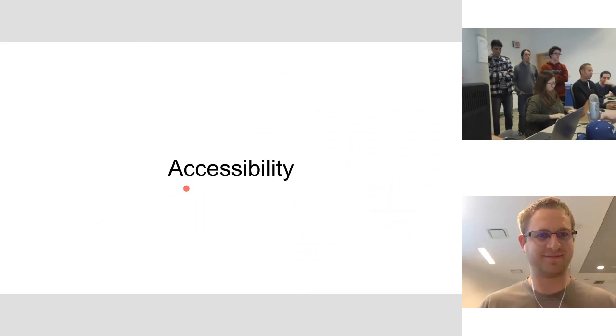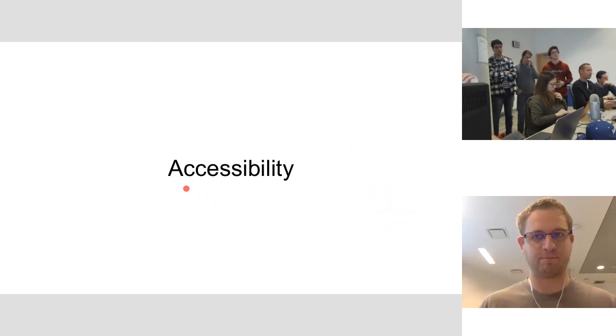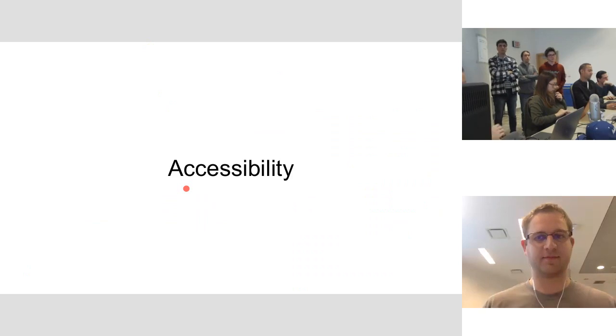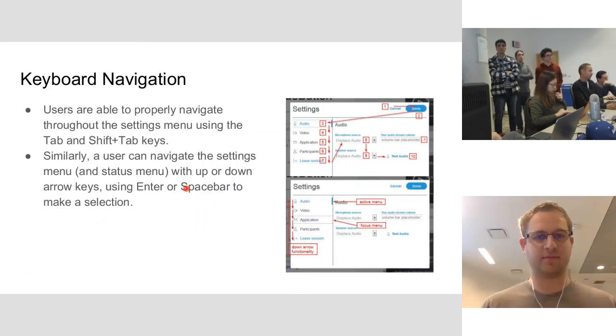Okay, so we've tried to improve the accessibility of the HTML5 client, both for keyboard users and those using screen readers, in particular NVDA. In terms of keyboard navigation, we've improved the settings modal so that it now behaves better than it used to.